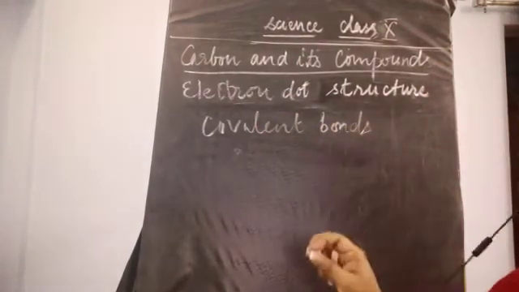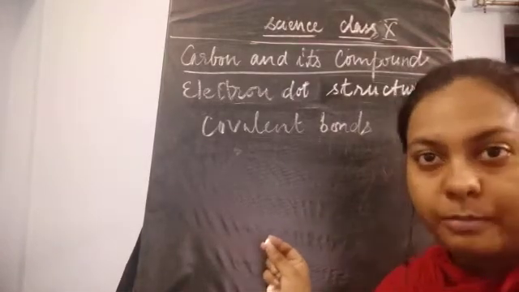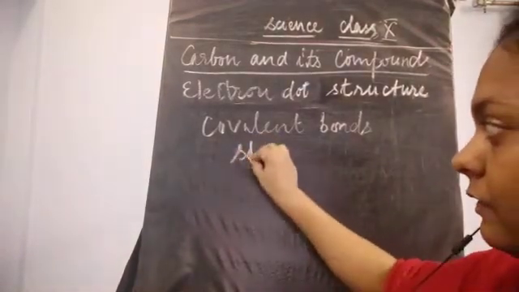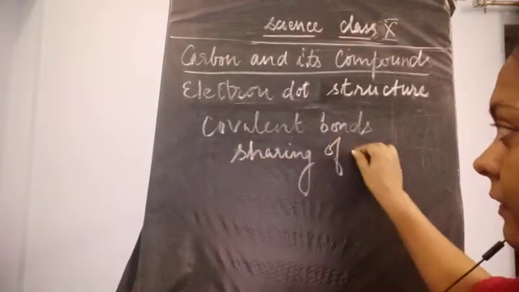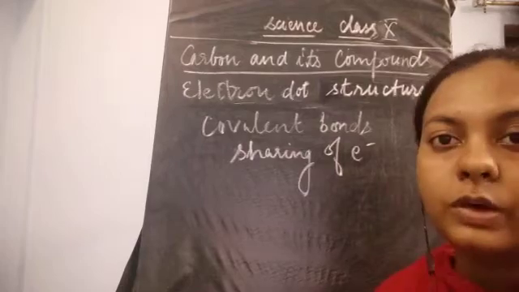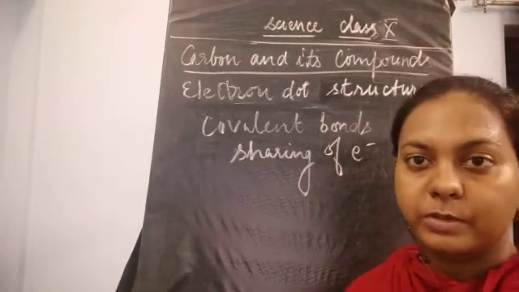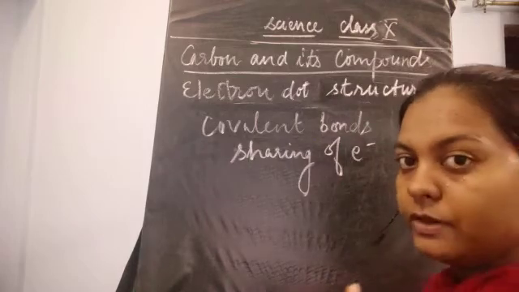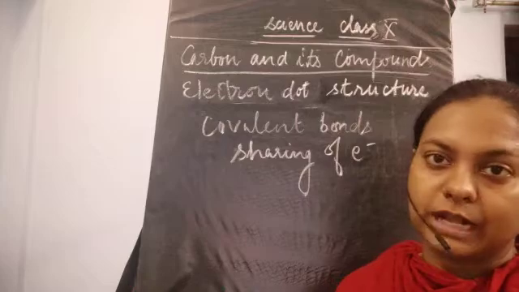Now, what are these covalent bonds? These covalent bonds are those which are formed because of the sharing of electrons. So the electron dot structure is based on the sharing of electrons whenever any electron dot structure has to be formed.